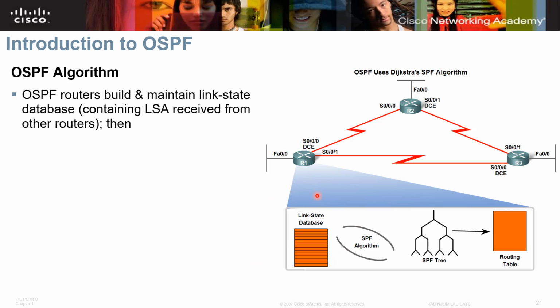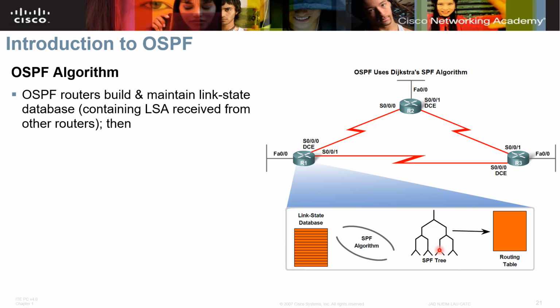Once we build this link state database we run the open shortest path first algorithm, which is mainly Dijkstra, as an example. By running this algorithm we extract from this database the shortest path first tree. So starting from the specific router that runs this algorithm, we define the shortest path to all other destinations.